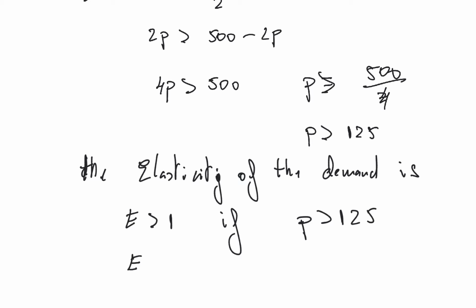And E is 1 if P is how much? P is 125, because if P is 125, 4 times 125 will be equal to 500.